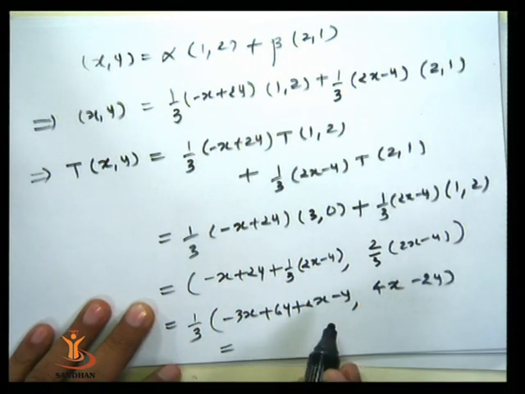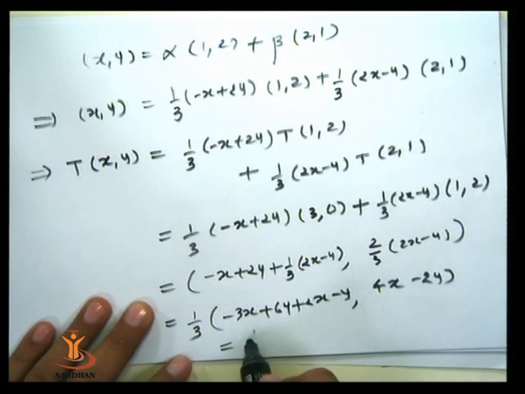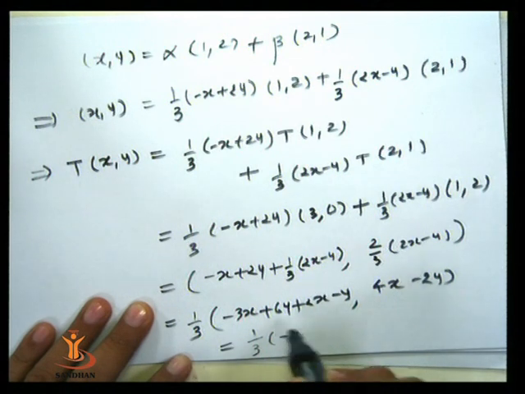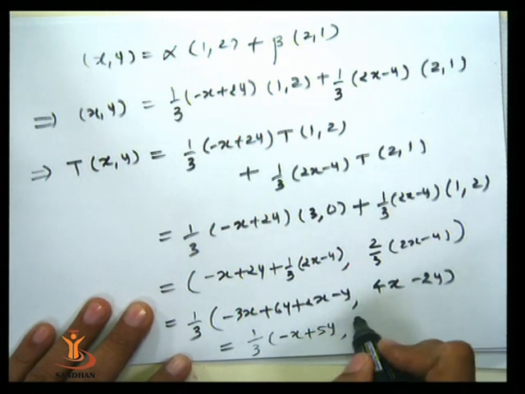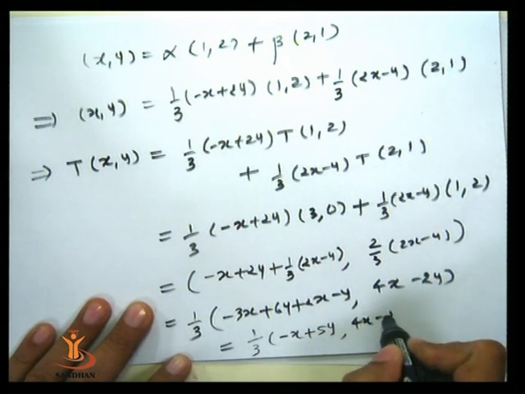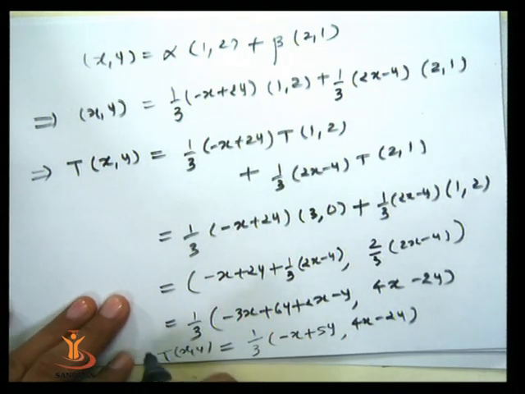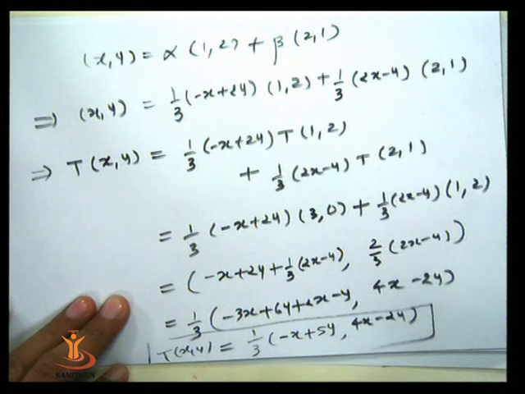So this is going to be 1/3 times (-x + 5y, 4x - 2y). So this is our T(x,y). So we have obtained the rule of T.